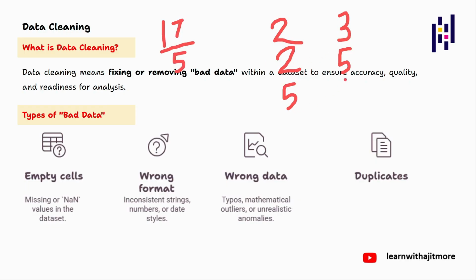But if I take the unique ones only, 2, 5, 3, that is 10, and 10 by 3 only we have to take. Three unique values, 2 is 1, 5 is 1 and 3 is 1. So 10 by 3 gives 3.333, and 17 by 5 is 3 point something. So the answers come out different.